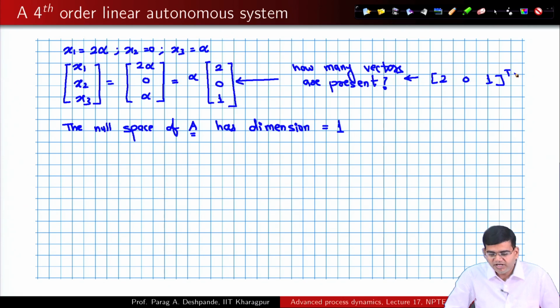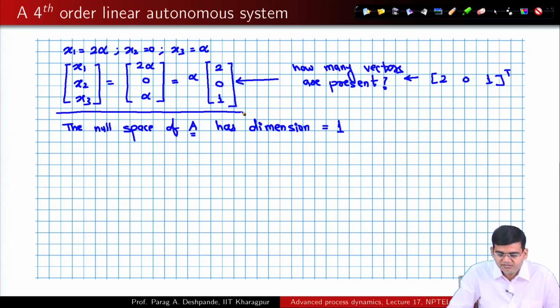So, when you have only one vector which is present in this final expression, then you say that the dimension of the null space of A is 1.